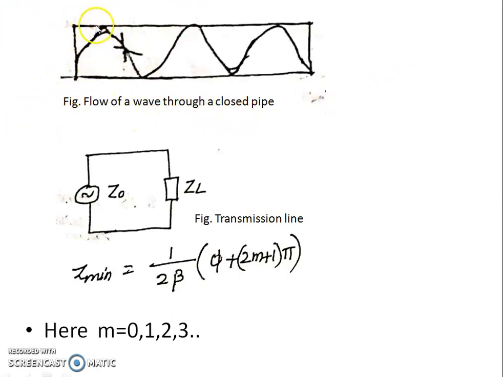Here the signal is like a wave, and it has a positive maximum value, and if we take this as the reference, then there is a negative maximum value. Then what is the physical meaning of this VSWR? Say, for example, we are sending some wave through a pipe.